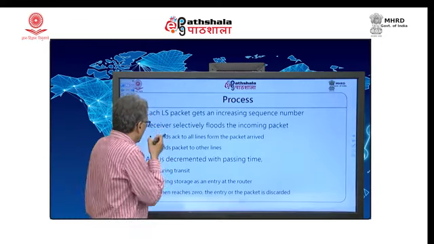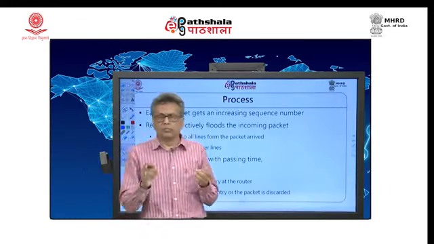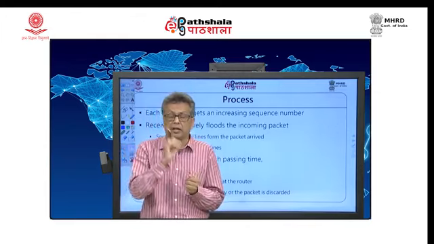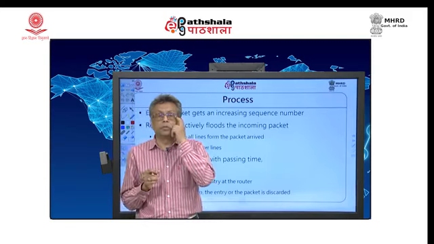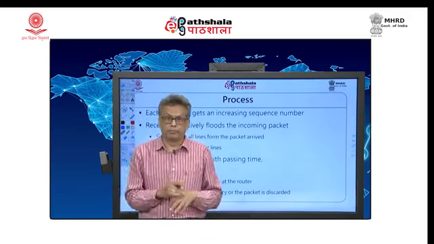What is the importance of age? The sequence number is a great thing, but it will create a problem. Assume that I am sending a packet with sequence number 10 and it becomes 1000.